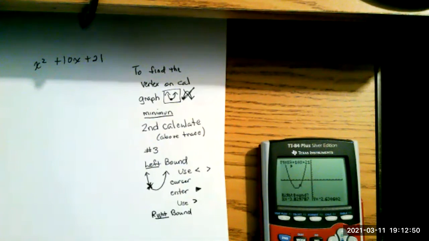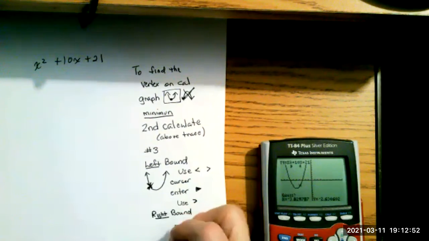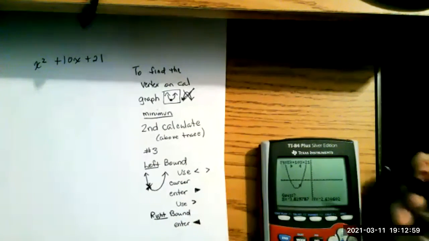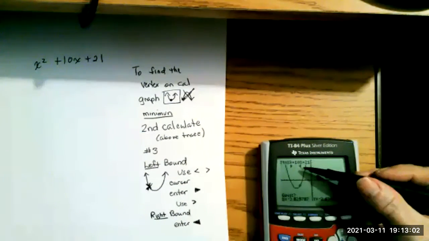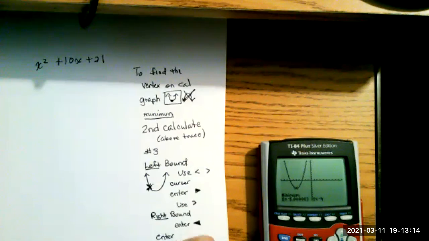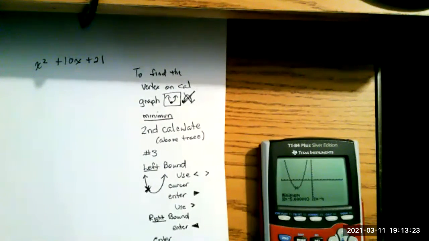And when you get on the right side of it, hit enter. And it'll put an arrow that goes this way on your screen. Okay, now then you want to enter again. And it will tell you that your minimum value is -5 with a bunch of zeros, so you want to round it, -4. Isn't that cool?